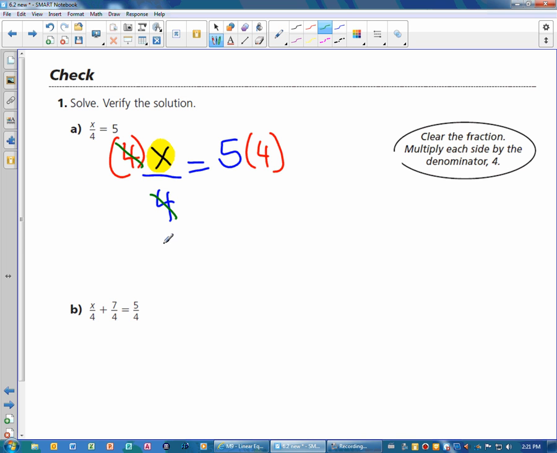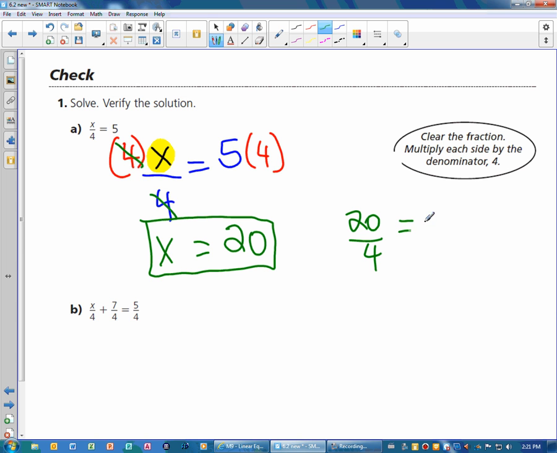My 4's will cancel, leaving just x. On the right side, I have 20. That's my solution. To verify, plug it back into my equation. 20 over 4 has to make 5. Is that true? Is 20 divided by 4 5? Absolutely.